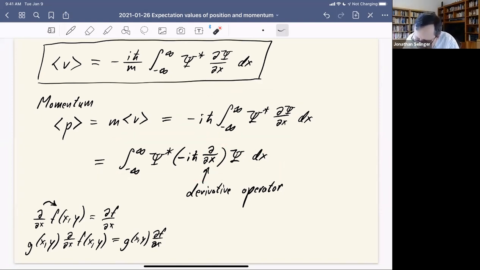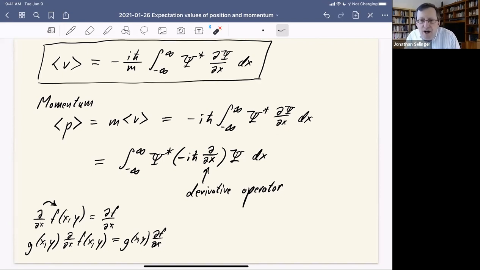The minus i h bar has been put in the middle, and the derivative operator has also been put in the middle. Now we get something which looks like another integral sandwich, like the integral sandwich for the position average.